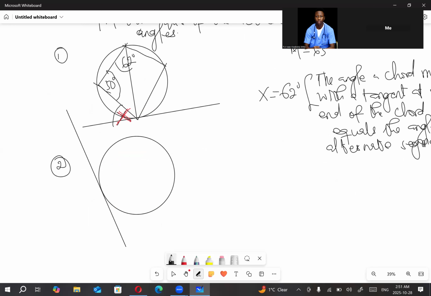Sometimes we'll tell you this is a tangent. Sometimes we will not say it at all. So you just have to know.